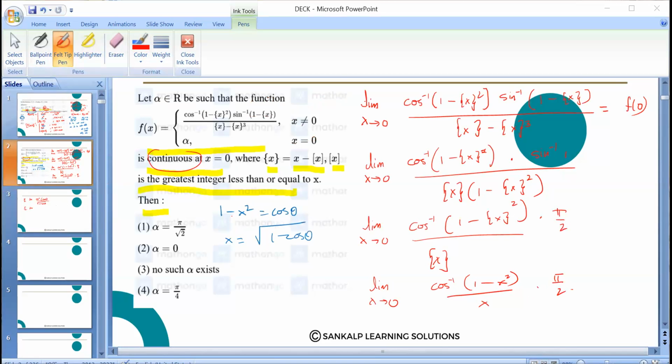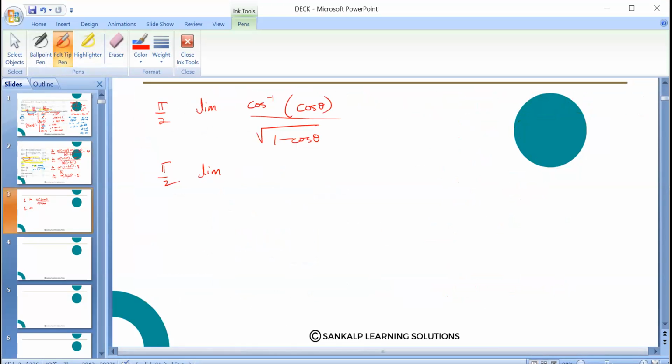And then when x approaches 0, cos theta approaches 1. If cos theta approaches 1, that means theta approaches 0. Cos inverse and cos are removed. Theta by square root of 1 minus 4.